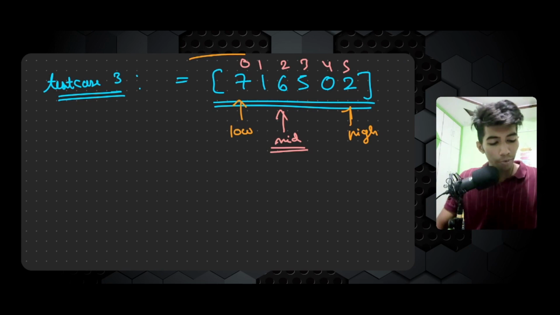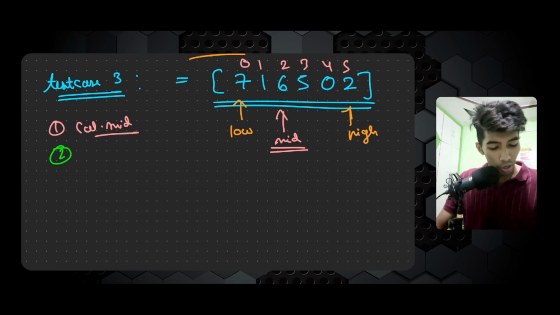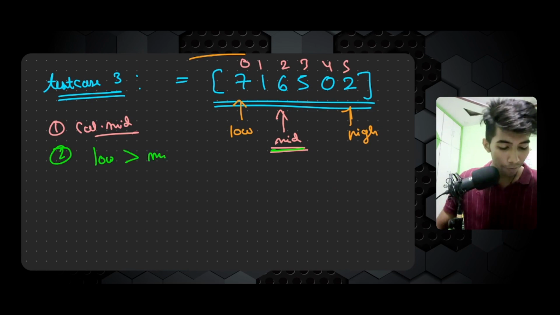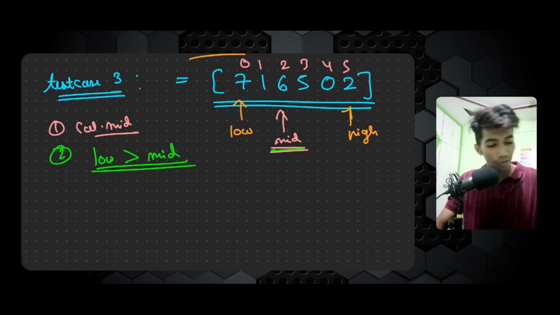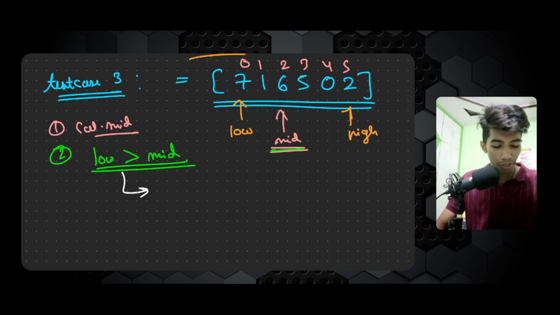First we are calculating the mid, which we have already done. Next I will be comparing my mid with the low. Here you will notice that my low is actually greater than mid. Then what will we be doing?